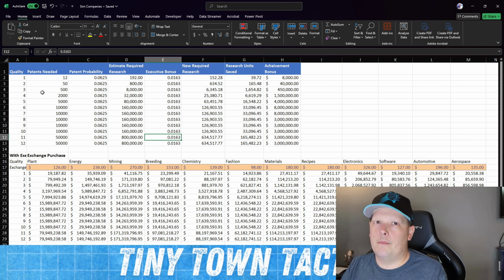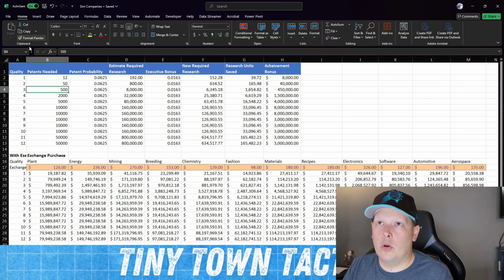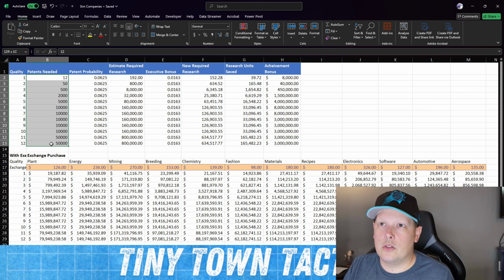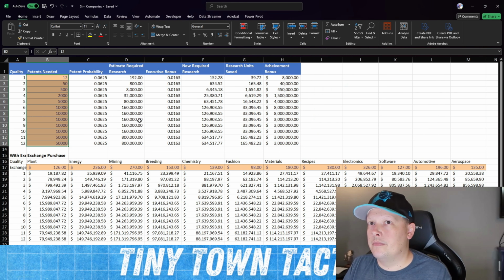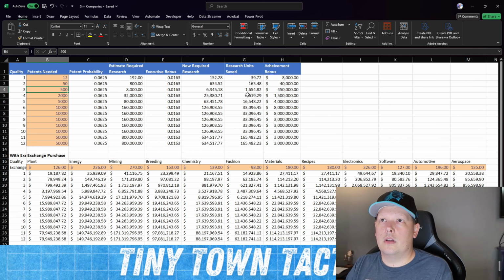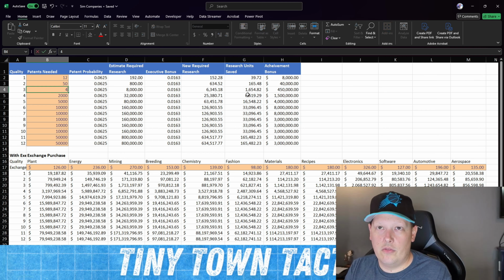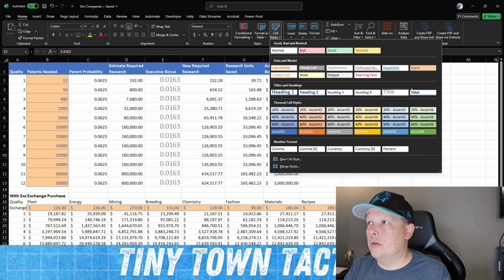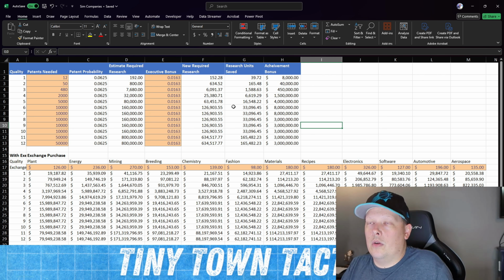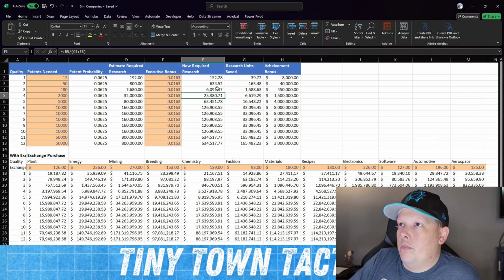I should put all of these as the input cell, because if you needed 480 of these, it's going to tell you how much research you should go for.